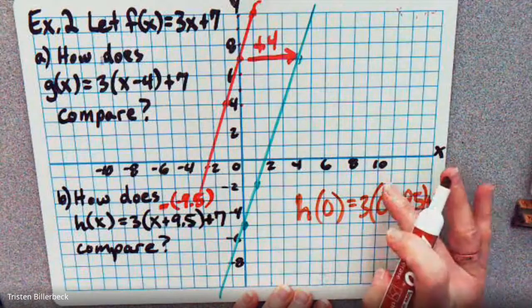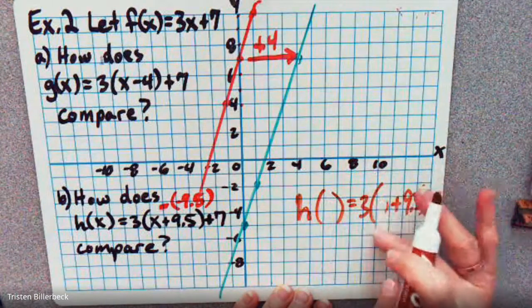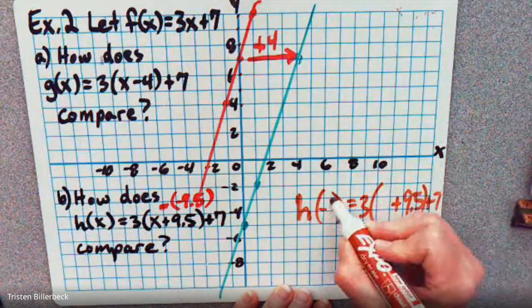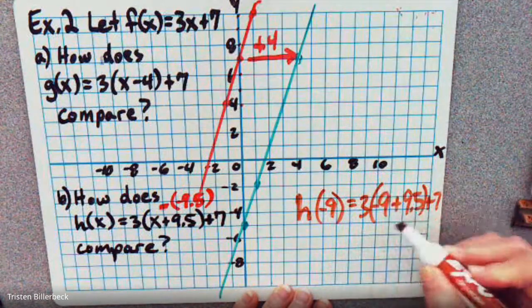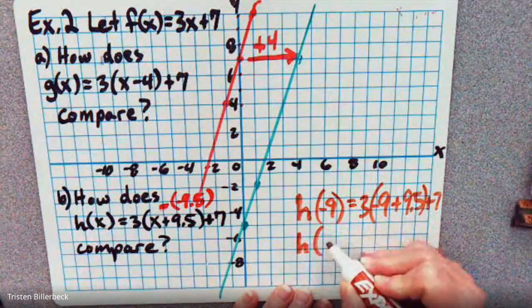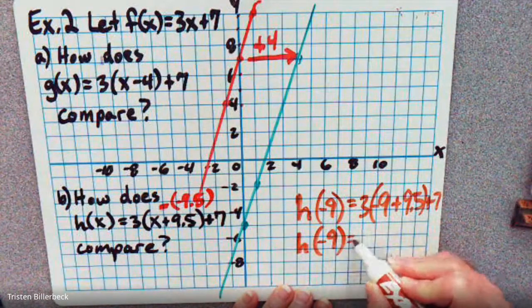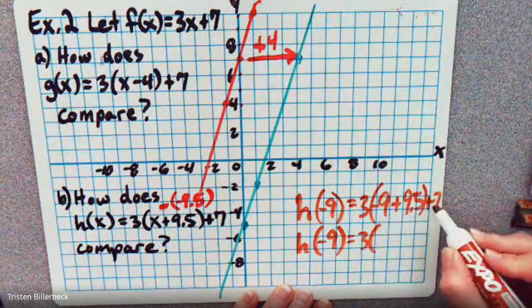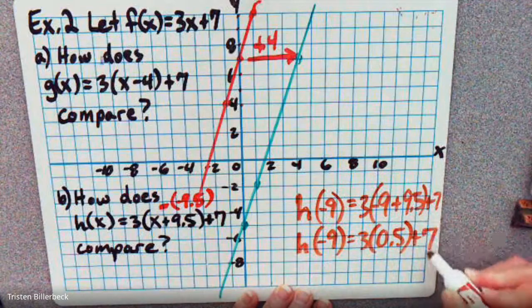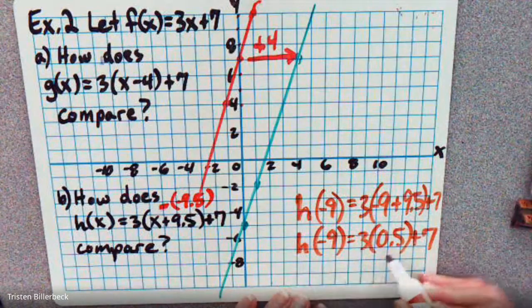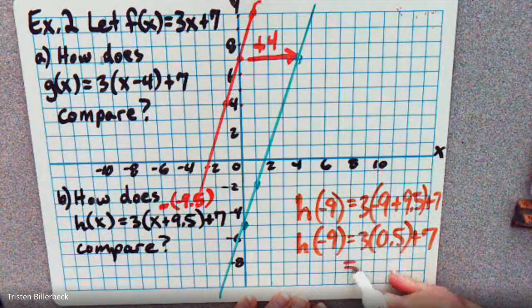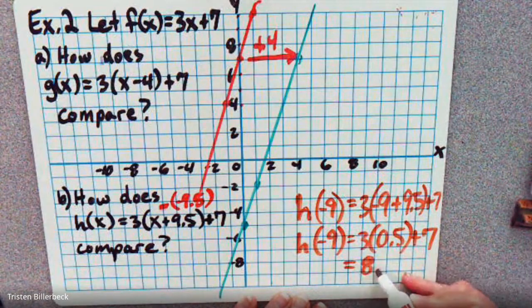Okay, well, maybe I should do a negative number and make it easy on myself. How about -9? So h of -9 equals 3 times (-9 plus 9.5, which is 0.5) plus 7. Okay, so then we have 3 times 0.5 is 1.5, so 1.5 plus 7 is 8.5.